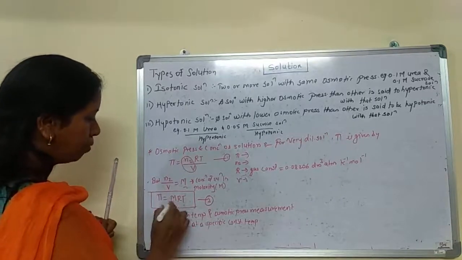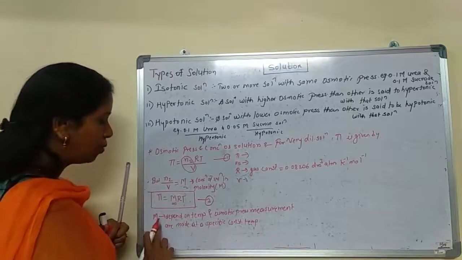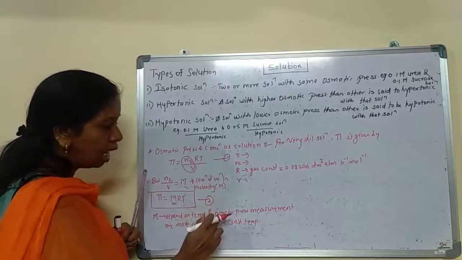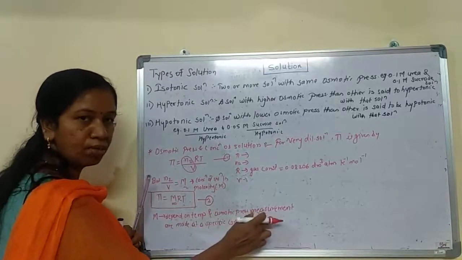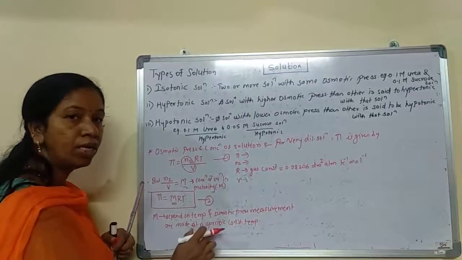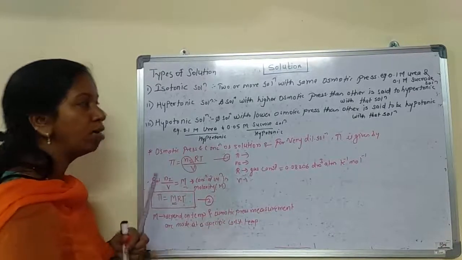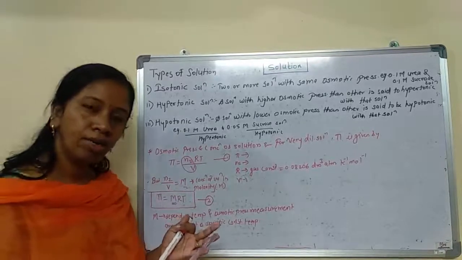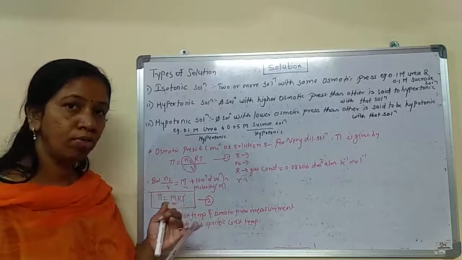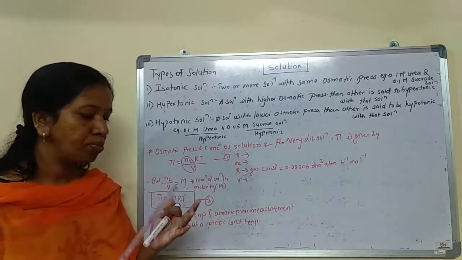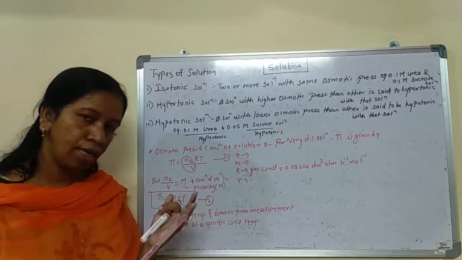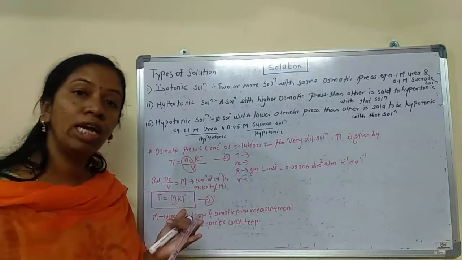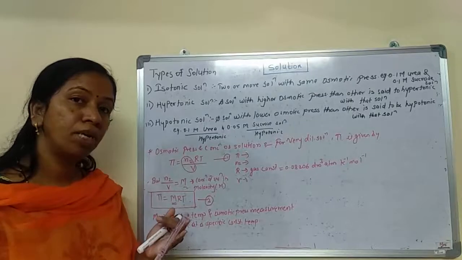Now this M is nothing but the molarity. Molarity is temperature dependent, because osmotic pressure measurements are made at a specific constant temperature. Whenever we look at the last three properties, that is vapor pressure lowering, elevation in the boiling point, and freezing point depression, the colligative properties of boiling point elevation and freezing point depression involve molality, which is temperature independent.